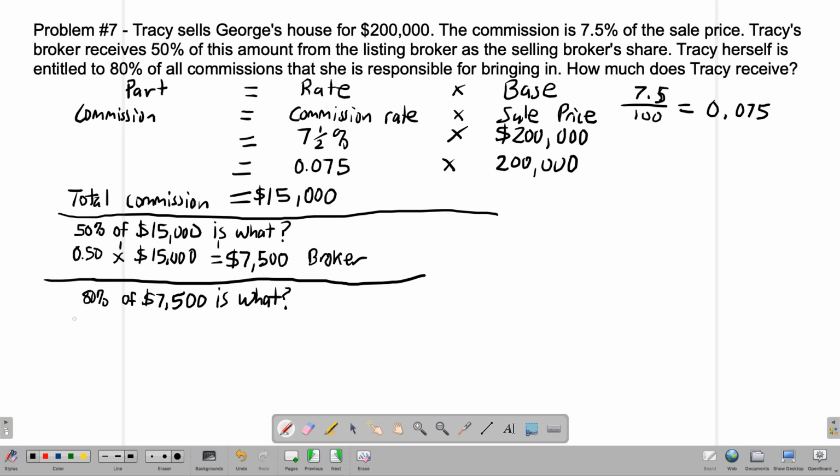So the 80% is the same thing. We take 80% divided by 100. We receive a value of 0.80. The of represents multiplication. And then bring down the 7,500. The is represents equal, and the what represents Tracy's commission.